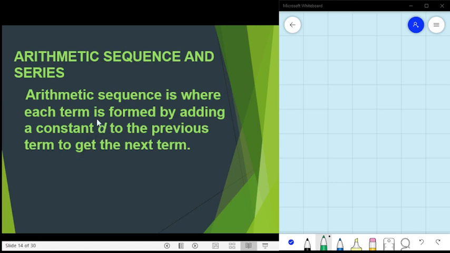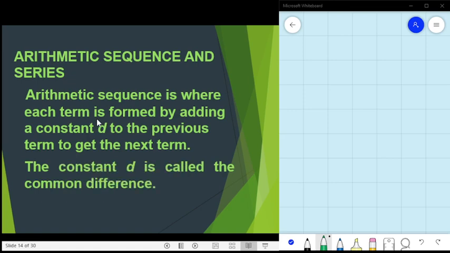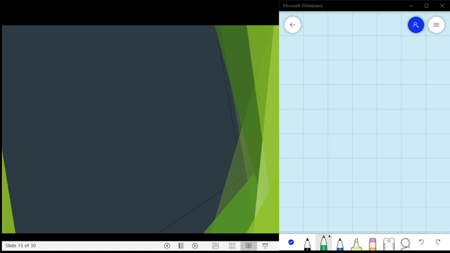So the constant d is called the common difference.